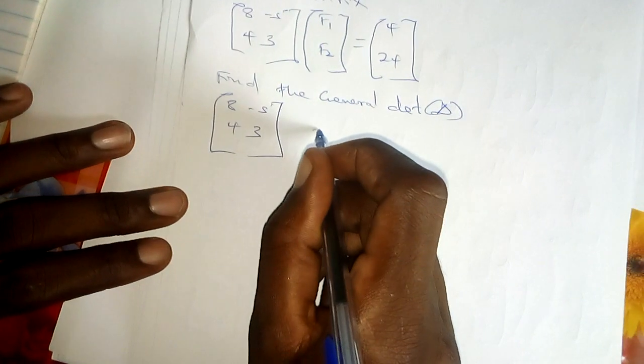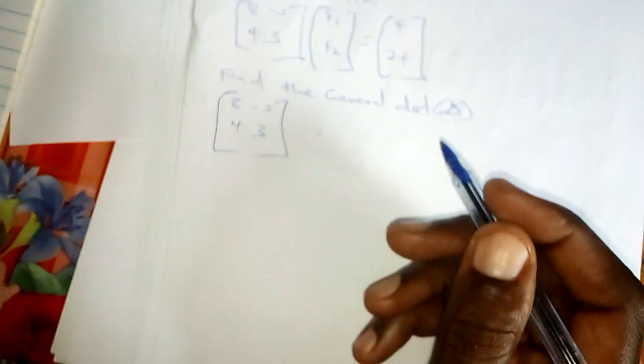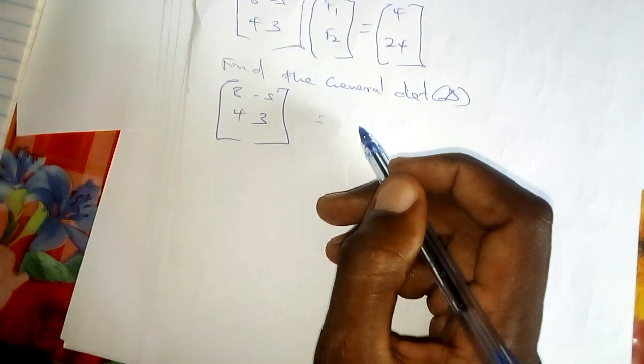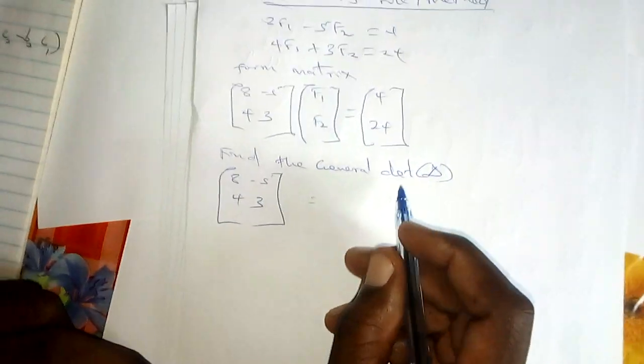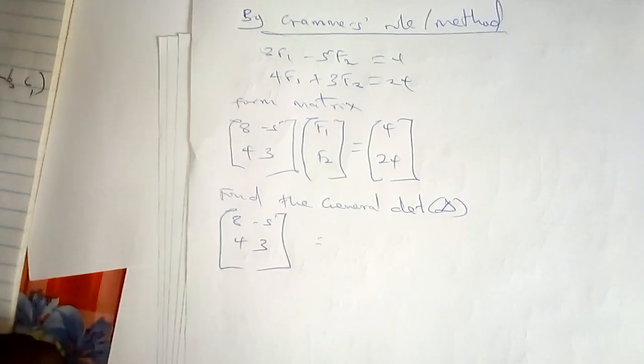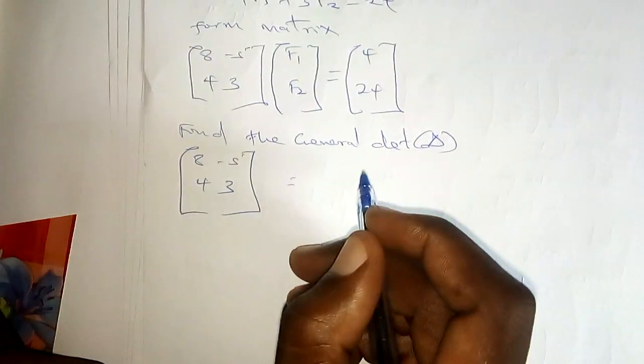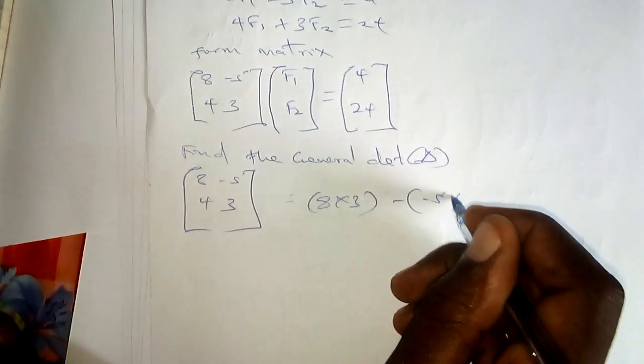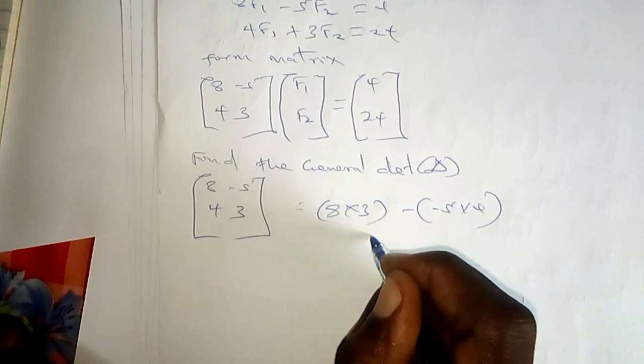As you know, the determinant is the product of the leading diagonal minus the product of the trailing diagonal. So it is 8 by 3 minus negative 5 by 4, and that is 44.